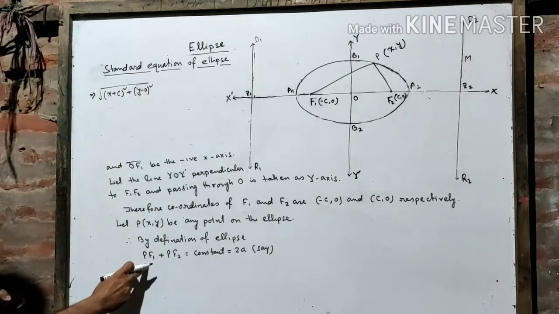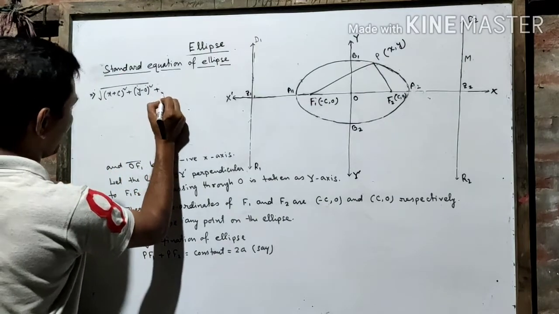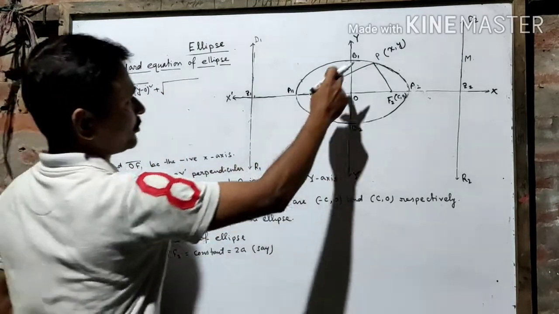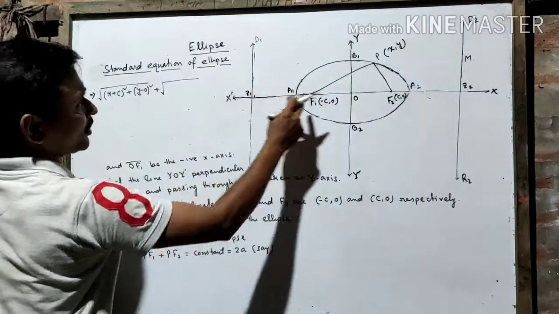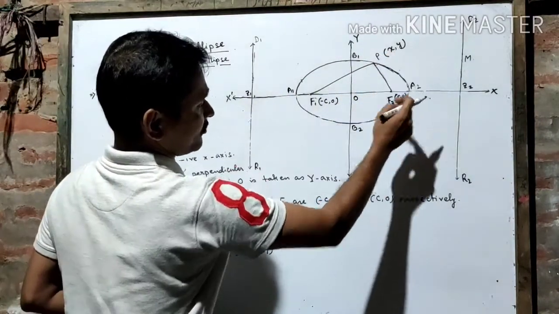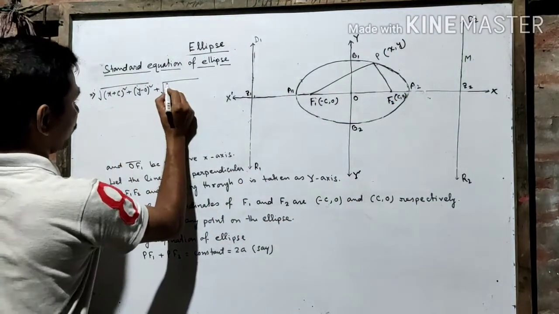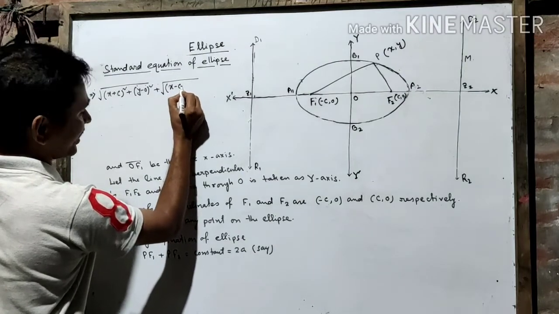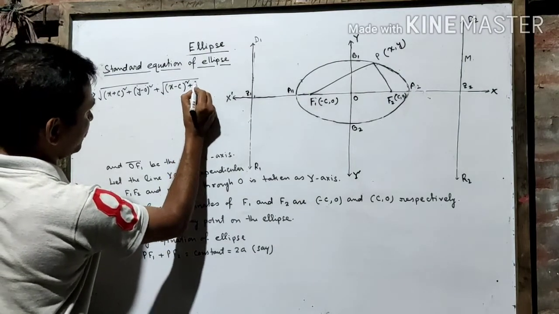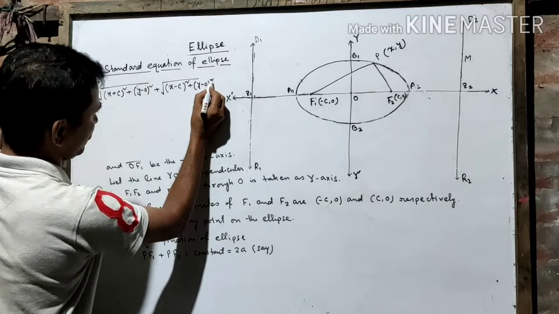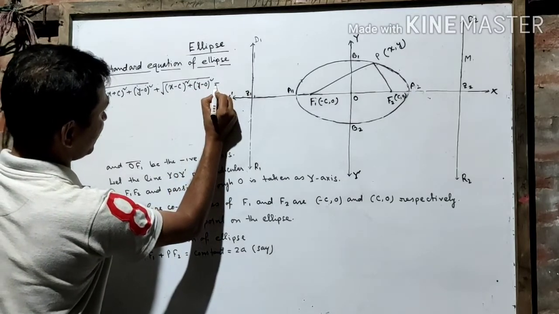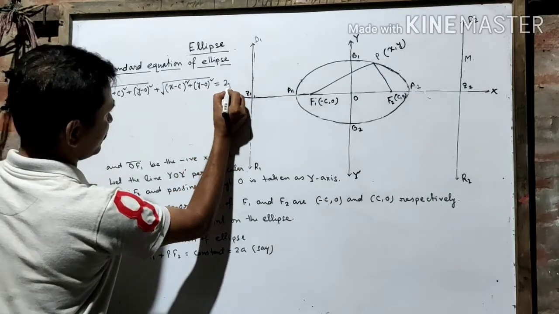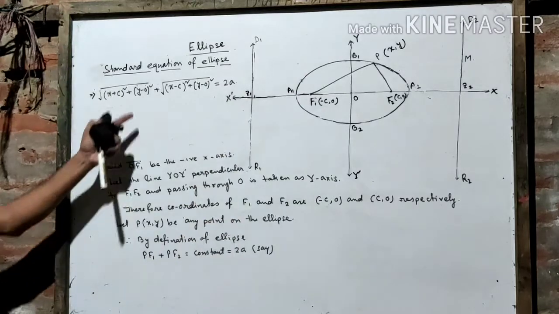This is our PF1. Plus PF2, the distance between P and F2. Coordinates of P are (x, y) and coordinates of F2 are (c, 0). So this will be under root (x minus c) whole square plus (y minus 0) whole square is equal to 2a. Now let us simplify this.